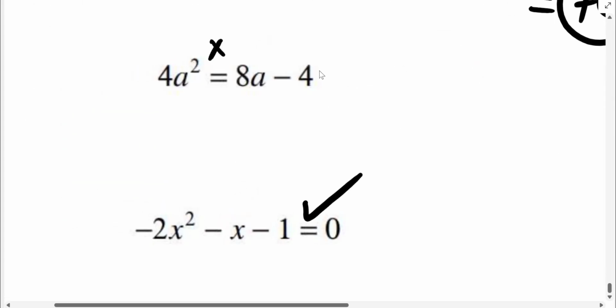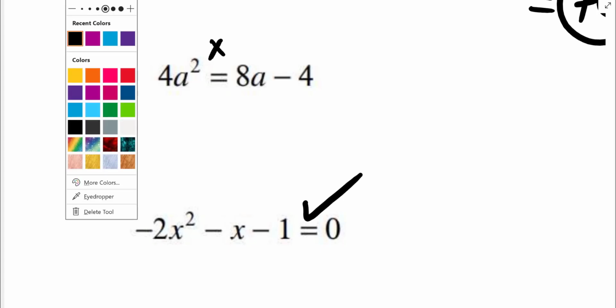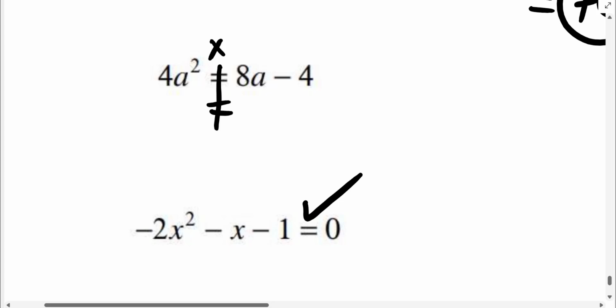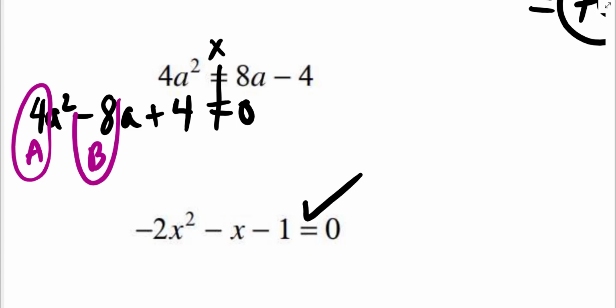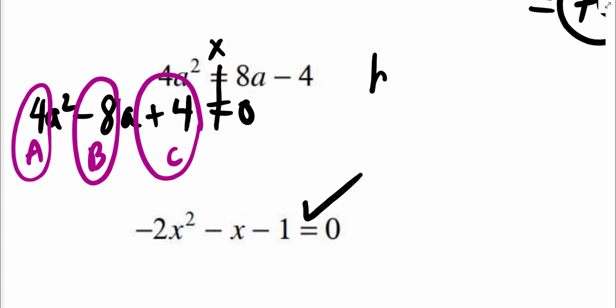The second example that we're going to go over quickly is non-standard form, so we have to rearrange it to make sure that it equals 0. So I have 4a squared. A is positive, now it becomes negative. Negative 4 is negative, now it becomes positive. All right, now I can identify A, B, and C. Okay, so we're going to do b squared minus 4ac.